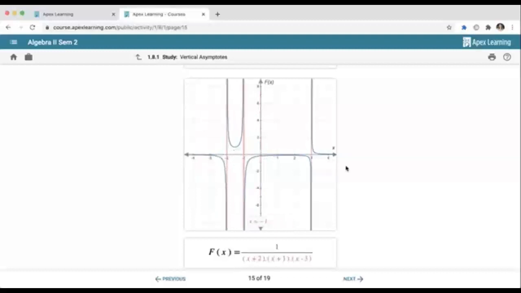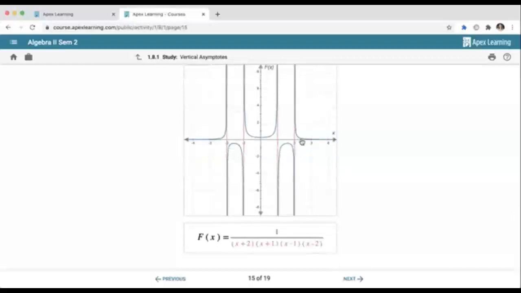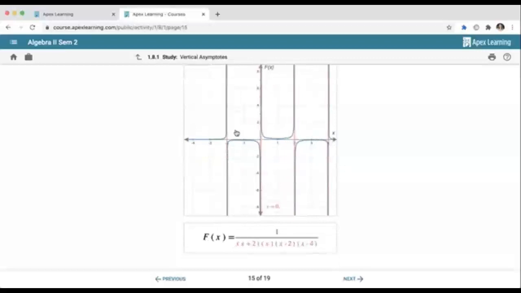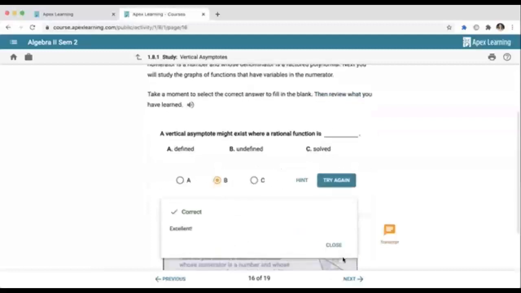And obviously the last one here, again, same concept. I can add or subtract, and that will change where my lines are at. All right. So to wrap it up, a vertical asymptote might exist where a rational function is undefined.